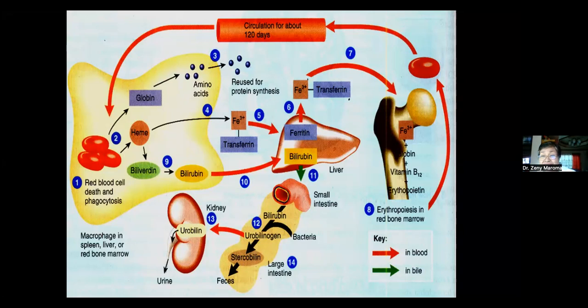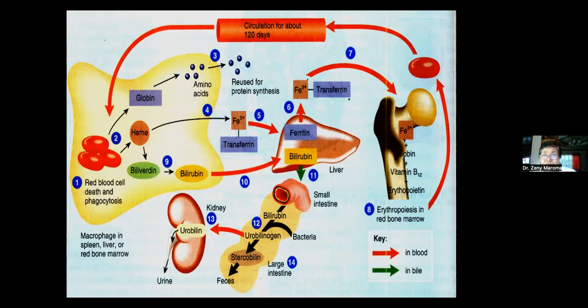What are the ingredients needed for blood formation? Of course, we need the iron to give color to the blood. We need vitamin B12 and folic acid for maturation of RBC. And for absorption of vitamin B12, kailangan natin ang intrinsic factor. We need a hormone, erythropoietin, which is produced by the kidney.